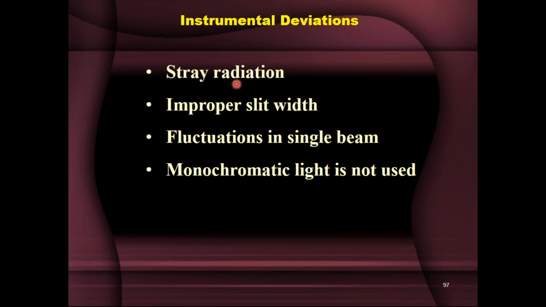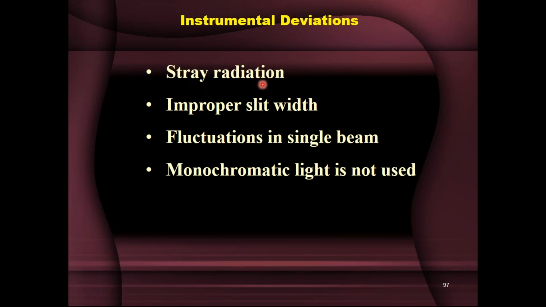So if the radiation strikes, say, a window, it is supposed to get transmitted without any loss. But if there is any imperfection on the window, say a scratch, then radiation may get reflected. And this constitutes the stray radiation, because this stray radiation may or may not pass through the sample.